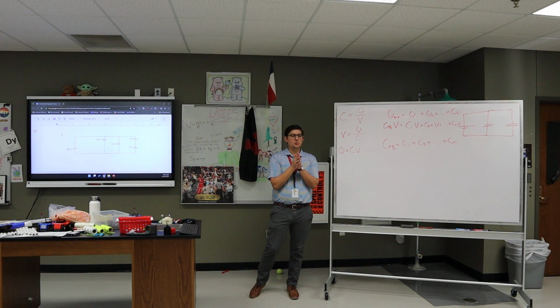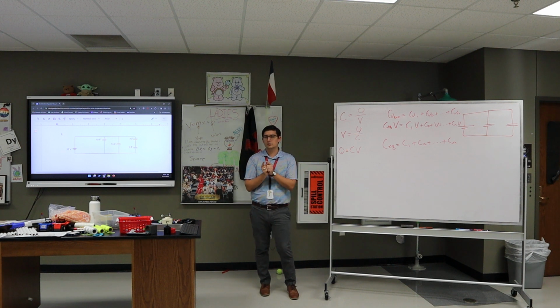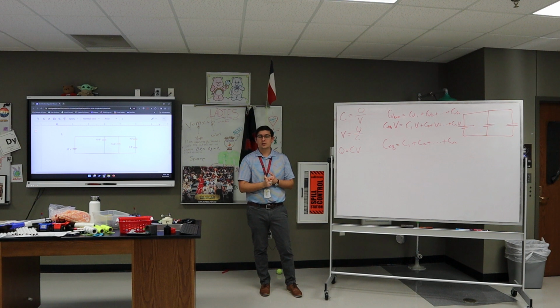I'm going to summarize the principles really quick, and then I'm going to be done with you guys. When we look at resistor circuits, what we see is that in series, they all have the same current and the voltage adds. In parallel, we see they all have the same voltage and the current adds. When we look at capacitors, you see similar behavior, right?